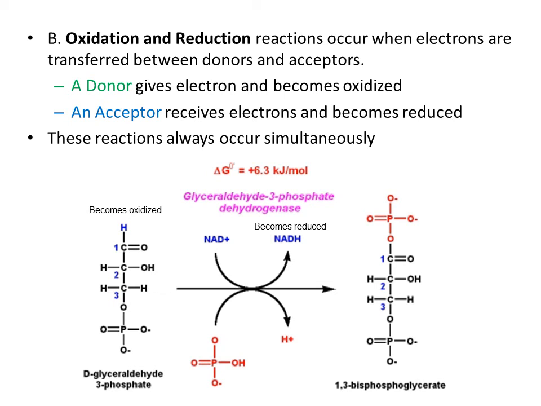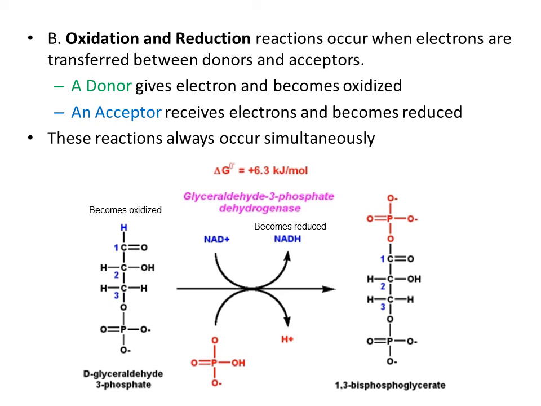So in this image below, I have a redox reaction that is occurring. Glyceraldehyde 3-phosphate is going to become oxidized. It's going to give away an electron to NAD. NAD is an acceptor.